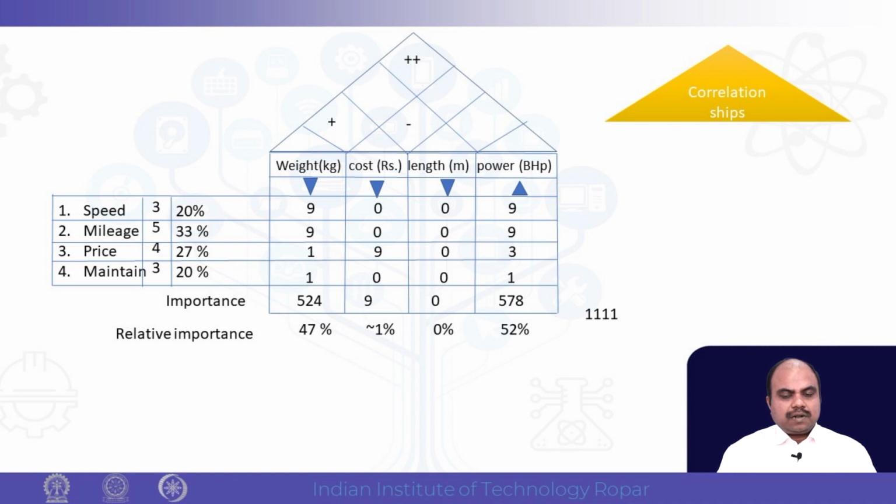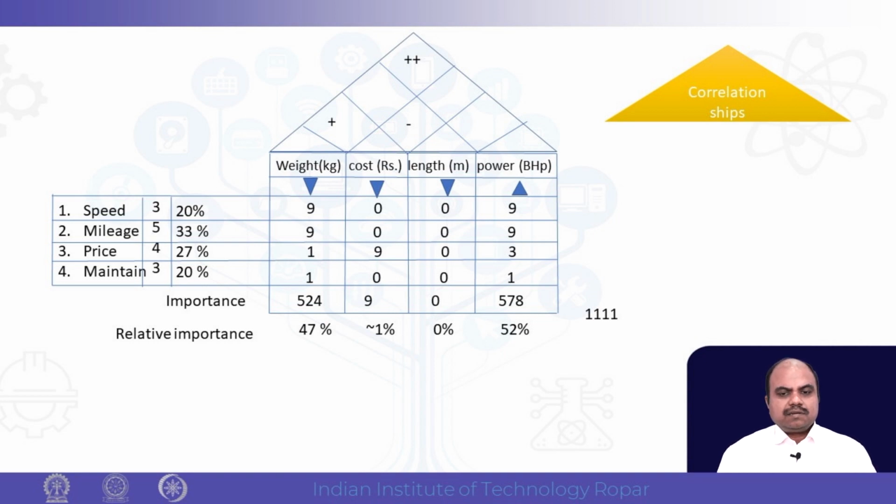Now if you total this, it will come to 1111. Relative importance is found out: 524 divided by 1111 into 100. So relative importance is 47%, next one is 1%, length is 0%, and power is 52%.